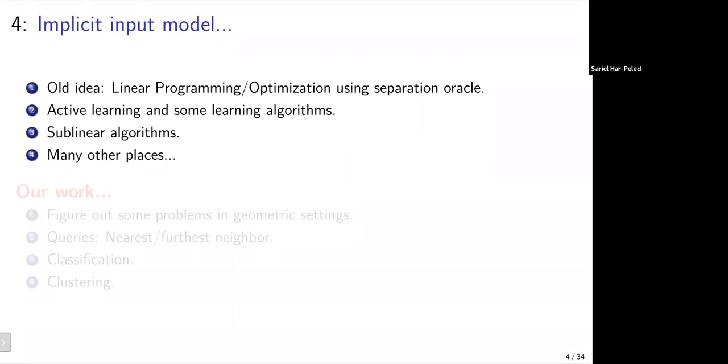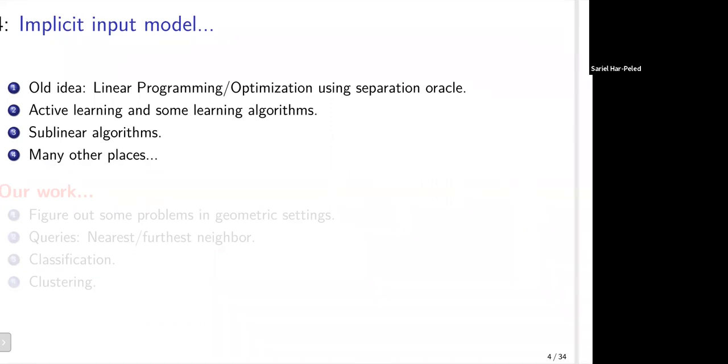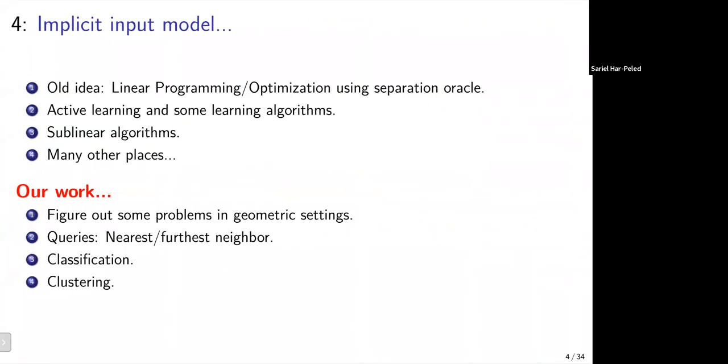In particular, active learning is very much this kind of a primitive. There are also sublinear algorithms that to a large extent use similar approaches, and you can see it in a lot of other places. So this is really not a new idea, but I think that this meta problem is worth revisiting, because I think there are a lot of interesting problems in geometric settings that can benefit from this approach. And I'm going to show you a few examples.